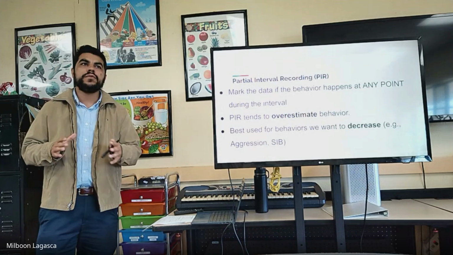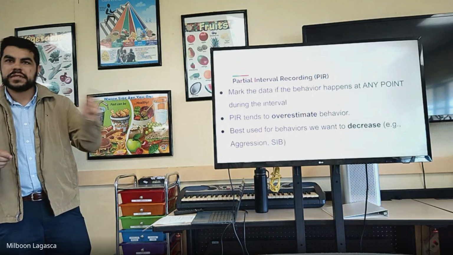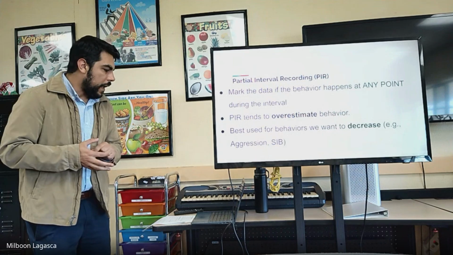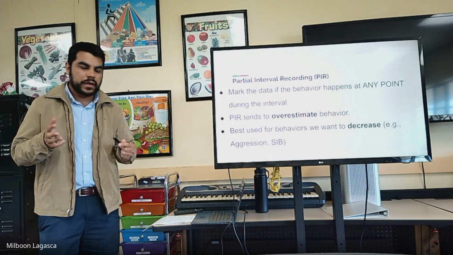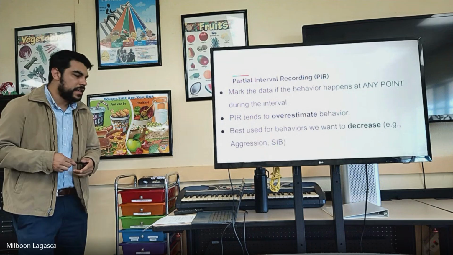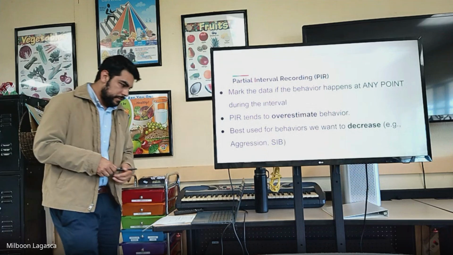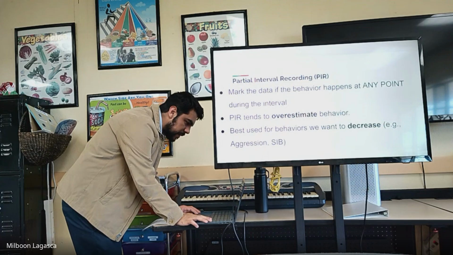It is only when it doesn't happen at all during the interval where we would say there was a non-occurrence. In terms of target behaviors, this is more for the problem behaviors that we want to address, or we want to see the individual refrain from doing. It could give us a good idea as to the trend that it may be headed in.